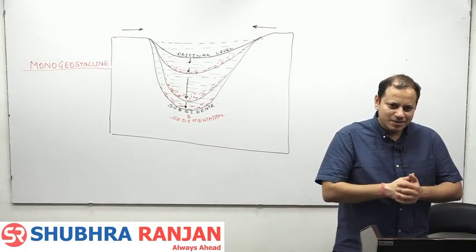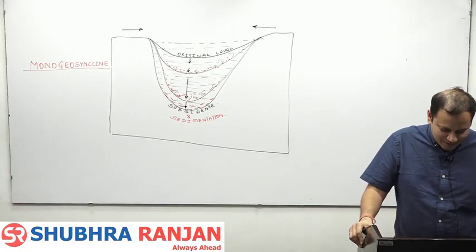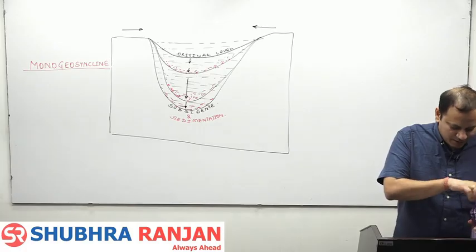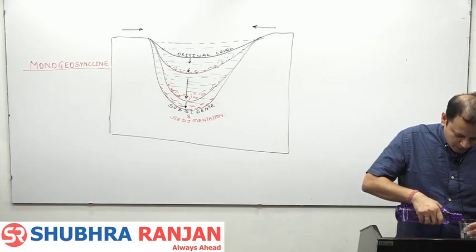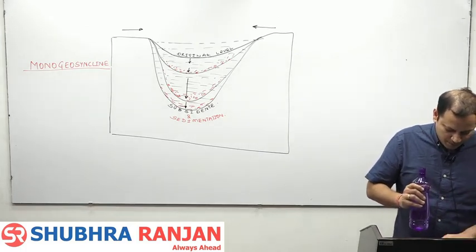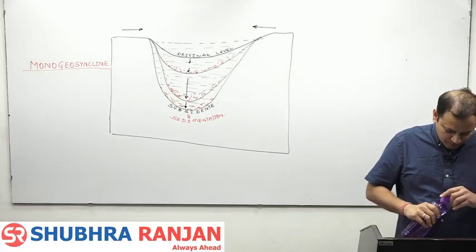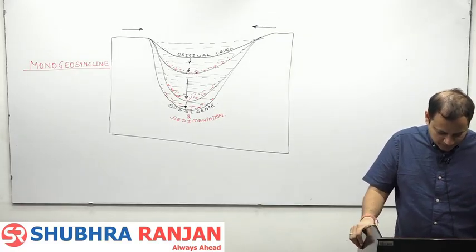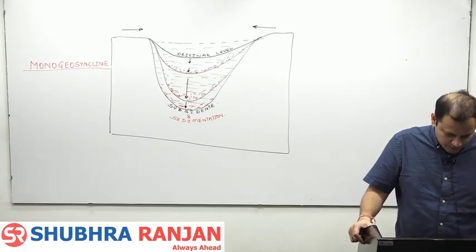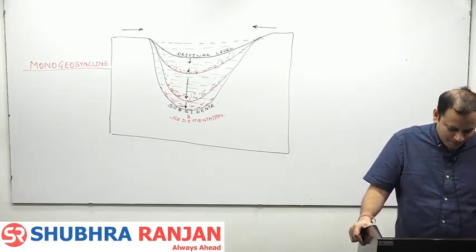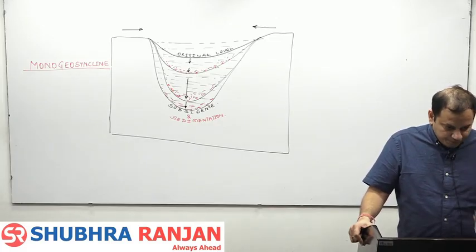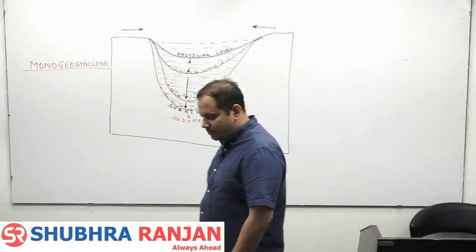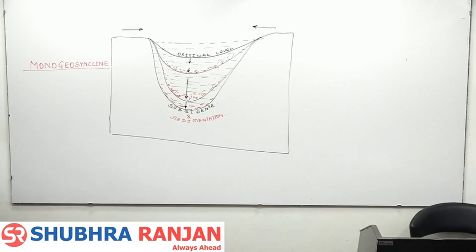Monogeosyncline. Mono means single. See, a single geosyncline. These are exceptionally long and narrow, shallow water bodies situated between the continent or along its borders.